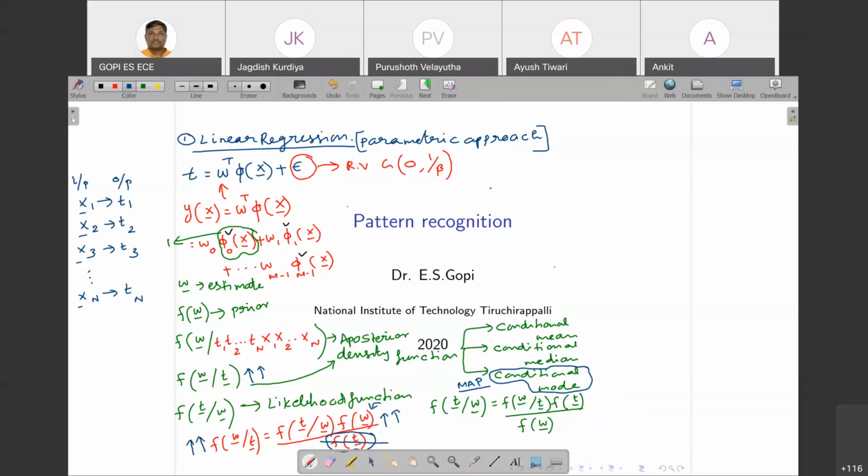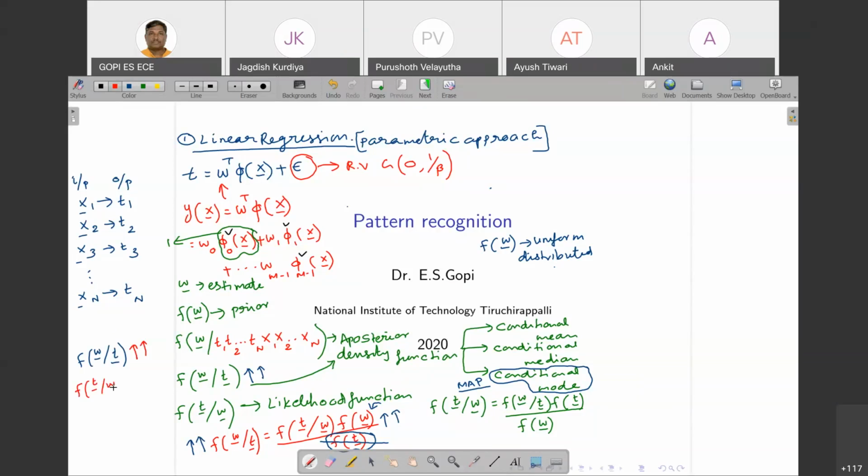It means that it is uniformly distributed. Under those circumstances, instead of maximizing f of w given t, we can go for maximizing f of t given w.